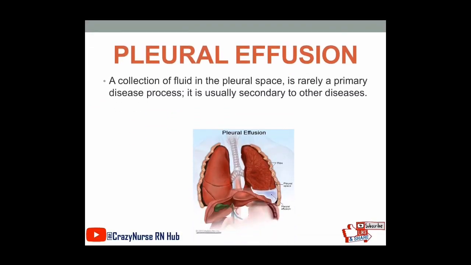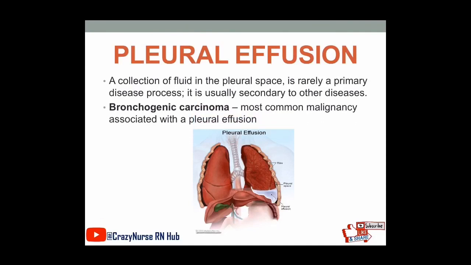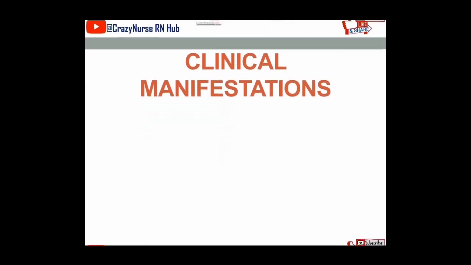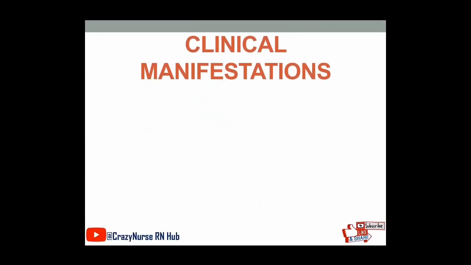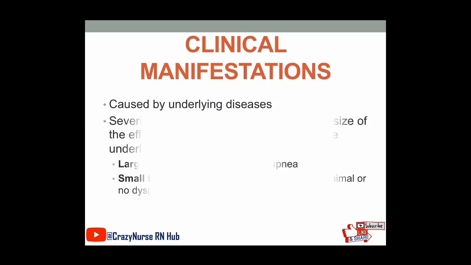A collection of fluid in the pleural space is rarely a primary disease process. It is usually secondary to other diseases. Bronchogenic carcinoma is the most common malignancy associated with a pleural effusion. For the clinical manifestations, it is caused by underlying diseases.